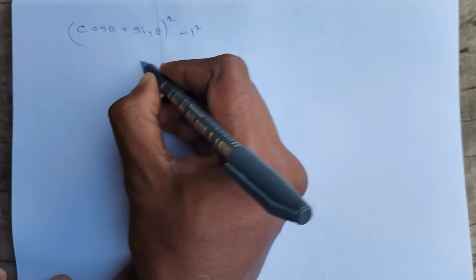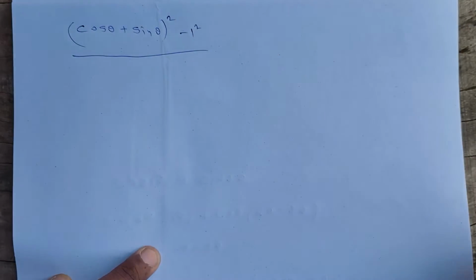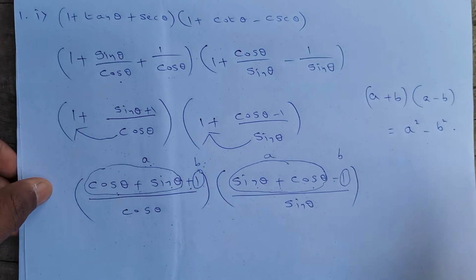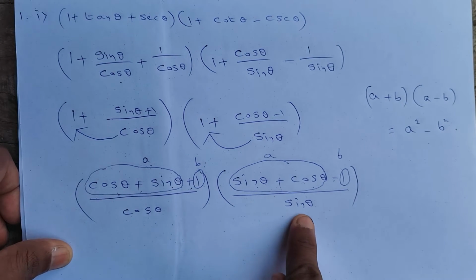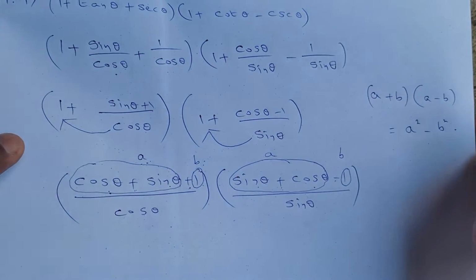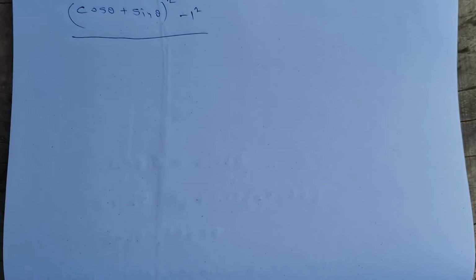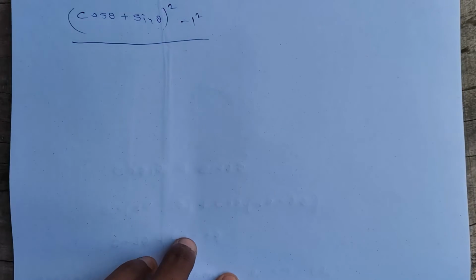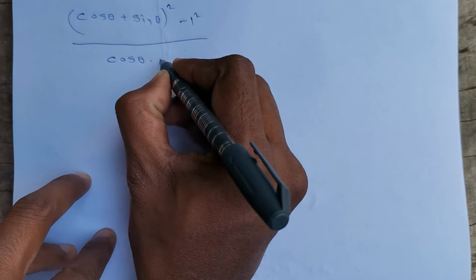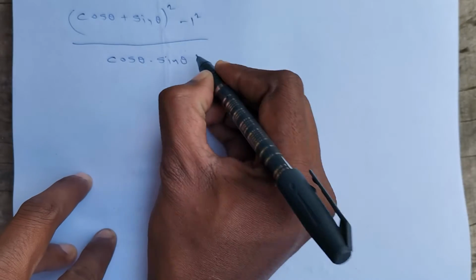B is 1, so 1 square. Whole divided by the denominator: here the denominator is cos θ, here it is sin θ, so cos θ into sin θ, or sin θ cos θ, both are the same.